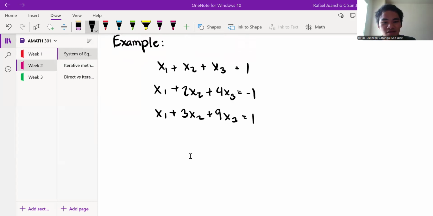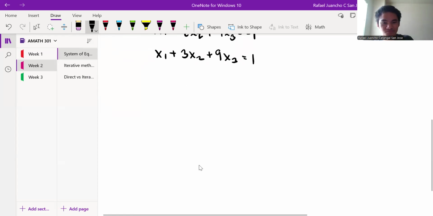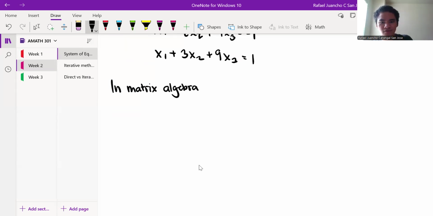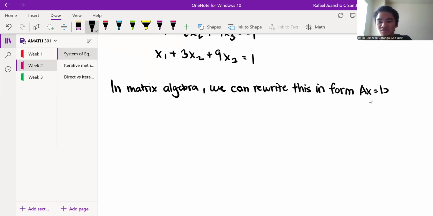Okay, and here we can rewrite this in matrix algebra. So in matrix algebra, we can rewrite this linear system specifically in the form Ax = b.